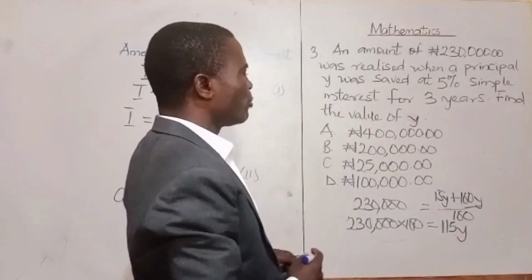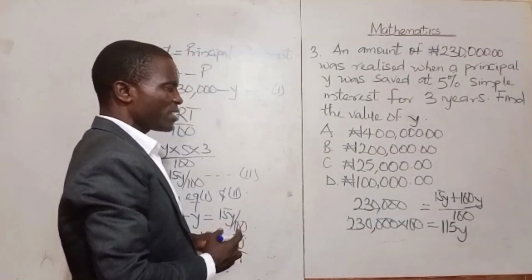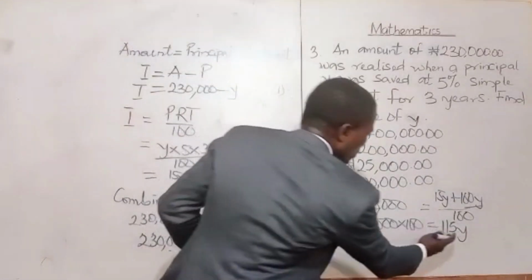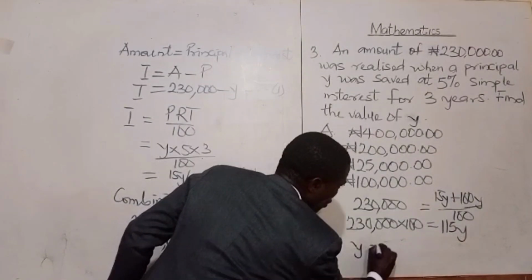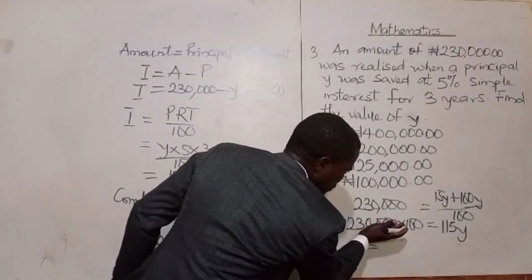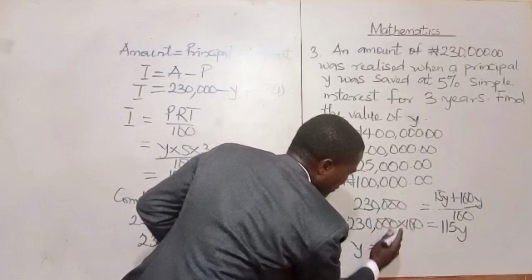So when we divide both sides by 115 in an attempt to get y, y will now be equal to this one divided by 115.